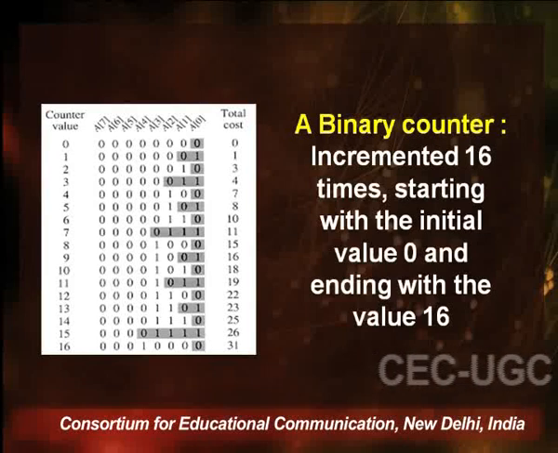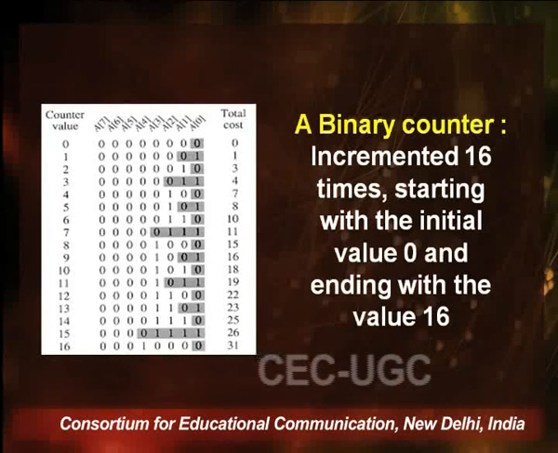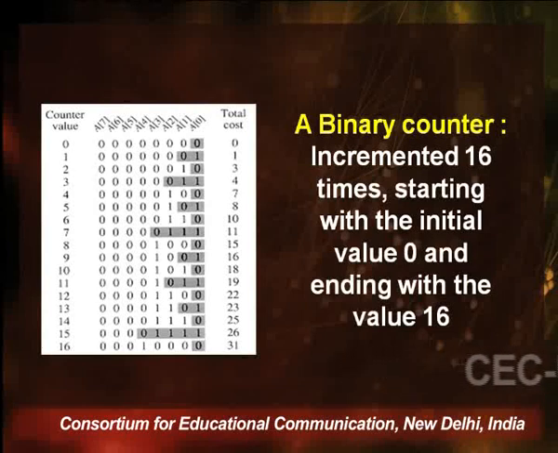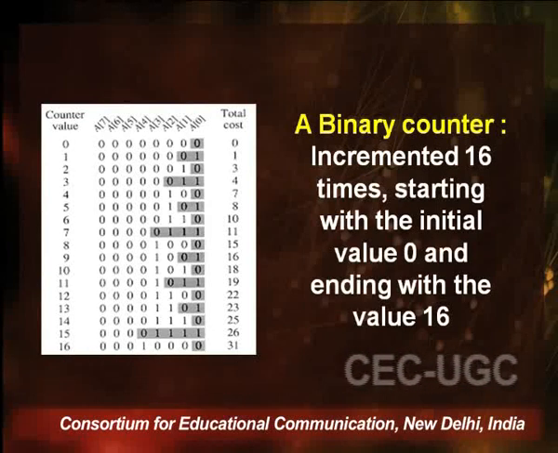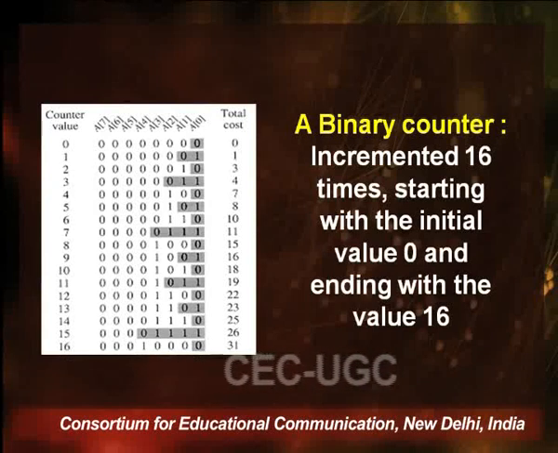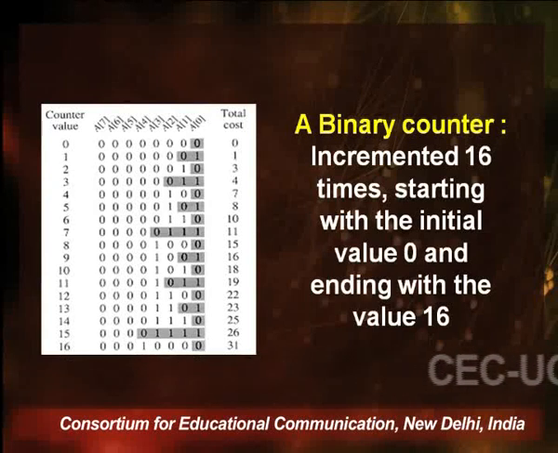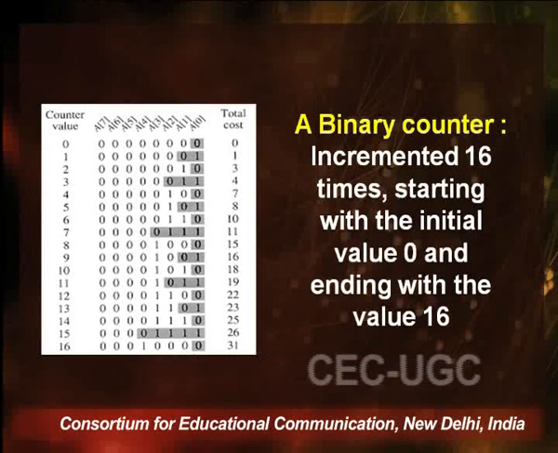Let's say, for example, the counter has 3 as the value, and the next increment causes the value to be 4. So from 0, 1, 1, the bits which are flipped are the bit at position A2, which flips from 0 to 1, and the bit at position A0, which flips from 1 to 0.